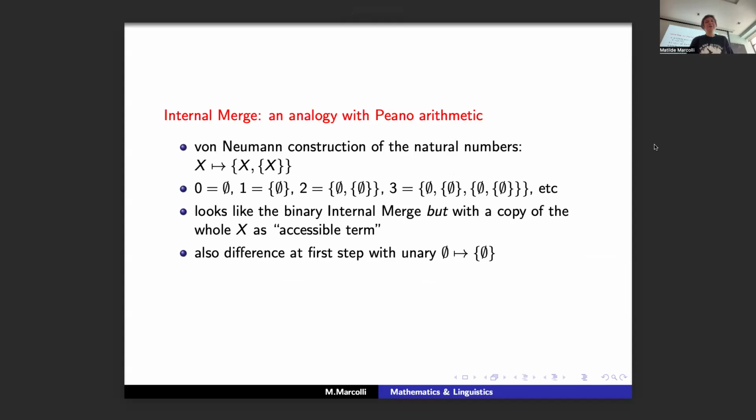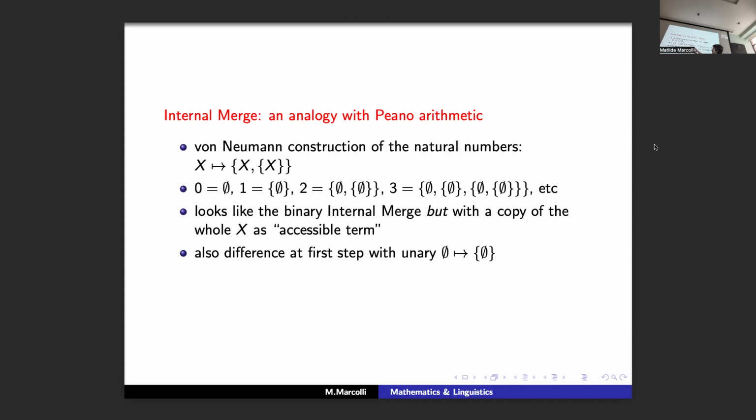By the way, a kind of analogy: internal merge conceptually looks similar to the successor function of arithmetic. If you think of the von Neumann construction of the natural numbers, it's in a sense the same idea that you use when you form internal merge, except that now you take the entire set as a component that you merge with itself.